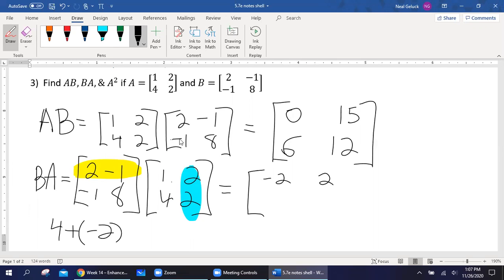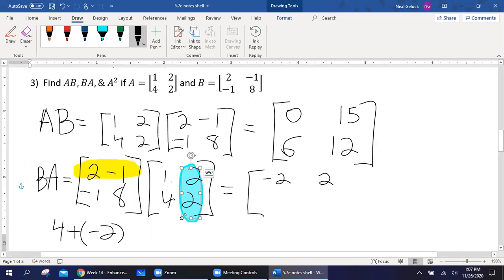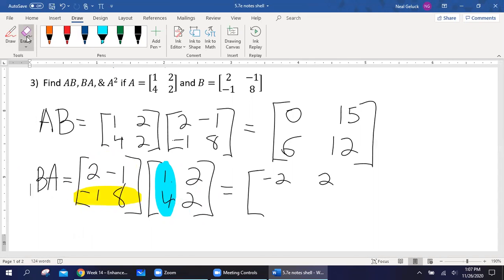So now I reset the columns. And I go to the next row down. So this would be -1 times 1, -1. 8 times 4, 32. And I get 31.